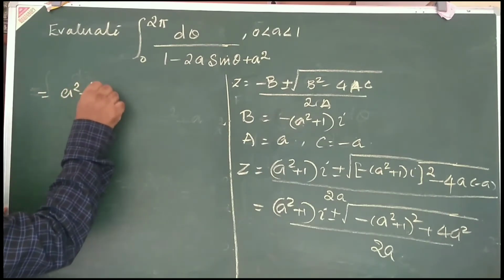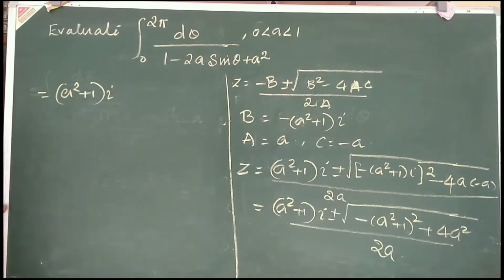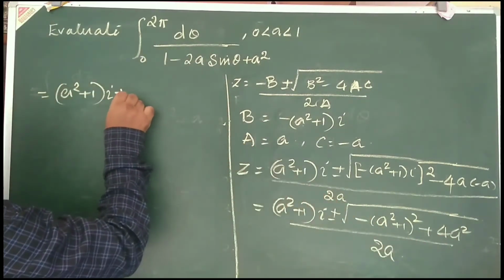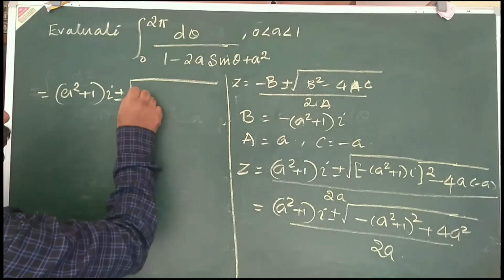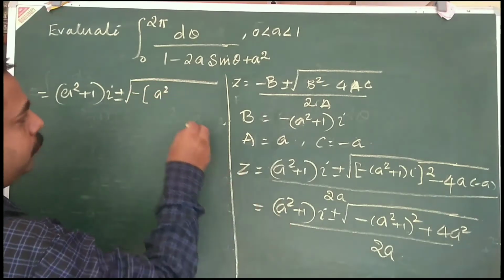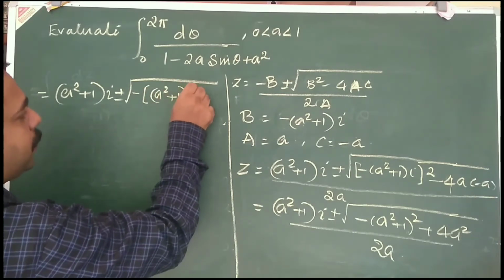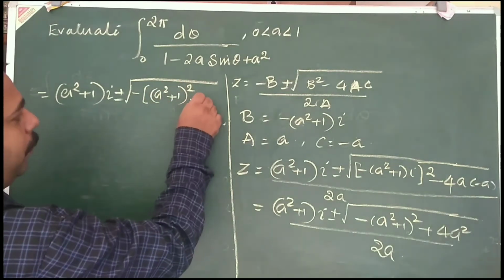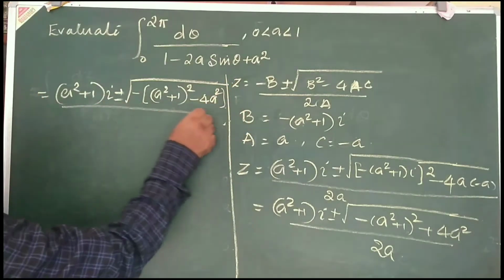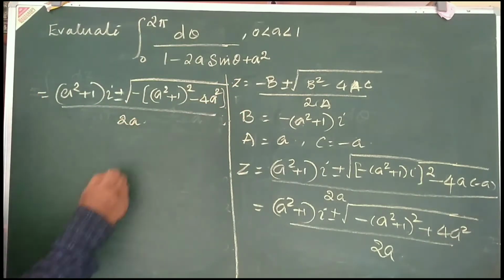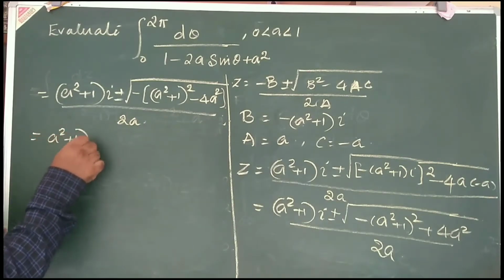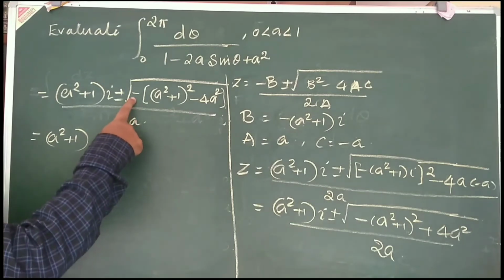A square plus 1 into I, this is plus or minus root of a square plus 1 the whole square minus 4a square, whole divided by 2a. That is equal to a square plus 1 into I, root of minus 1 is equal to I.